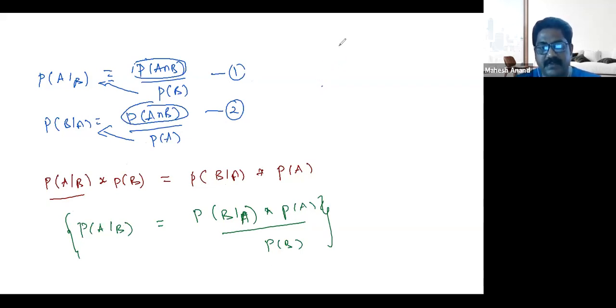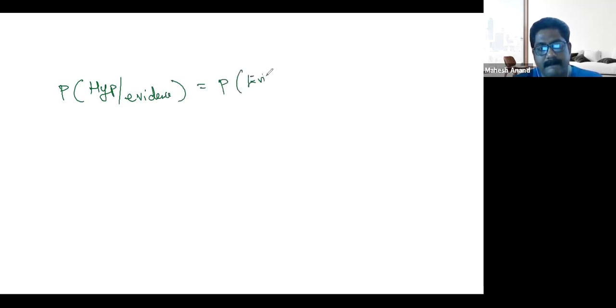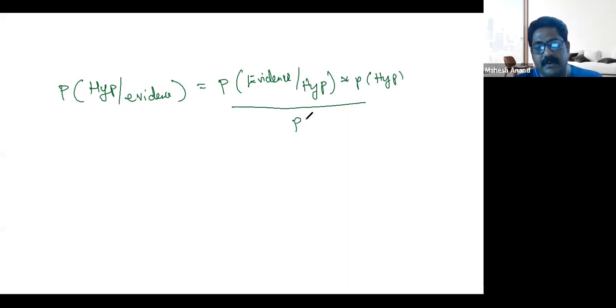I'm going to write this expression in generalized form: probability of hypothesis given evidence equals probability of evidence given hypothesis into probability of hypothesis, divided by probability of evidence.